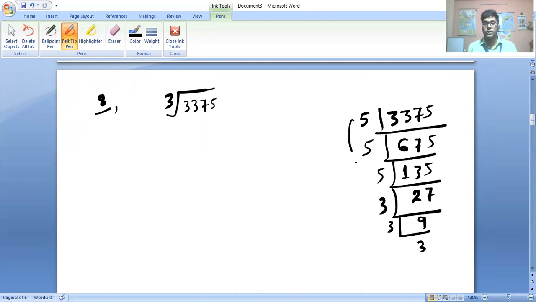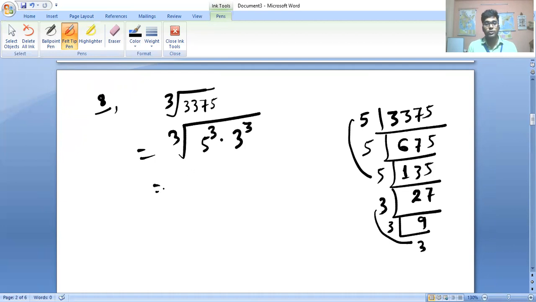With this 5, we have 5 cube, and with this 3, we have 3 cube. So cube root of 5 cube into 3 cube. So it will be cube root of 5 into 3, 15 whole cube, right? So easily the answer would be 15.